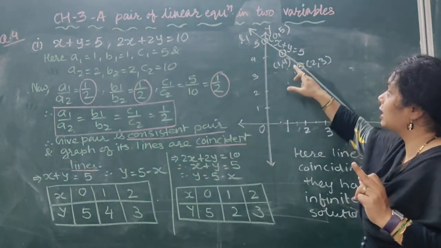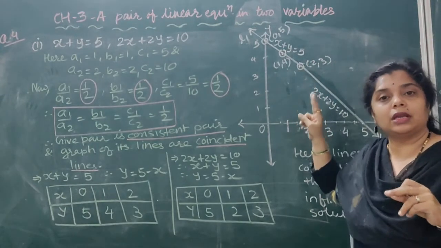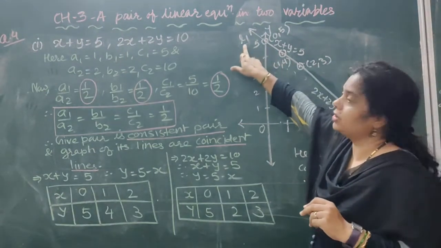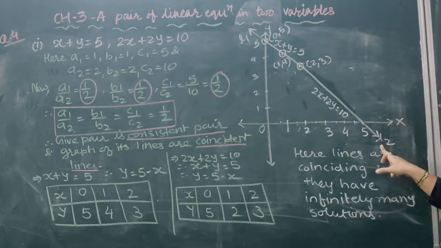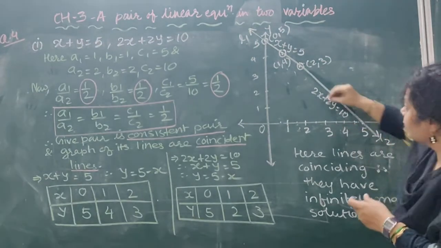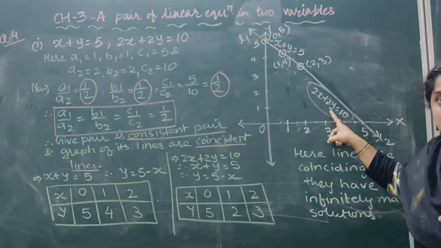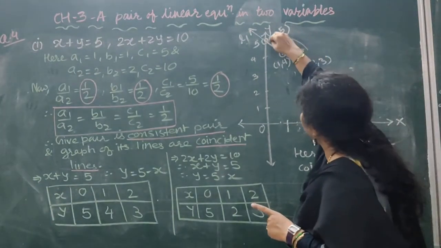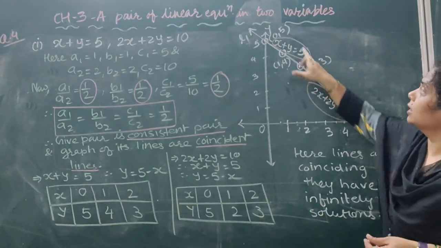As both equations are the same, it means they are showing a coincident line, and therefore I have written here it is L1, and at the end of the line again I have shown it is L2, and I have already mentioned the original equations also, 2x plus 2y is equal to 10 and x plus y is equal to 5, and mentioned the points also.